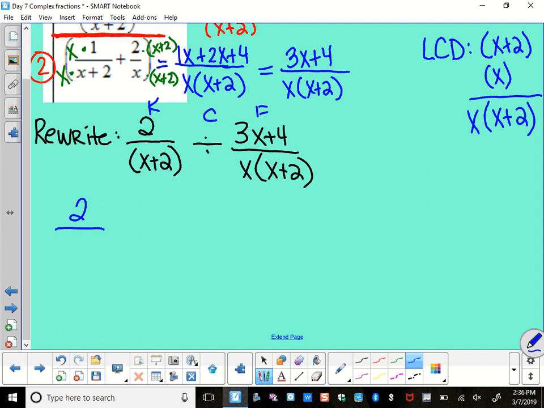So I keep my first fraction the same, 2 over x plus 2. I change my sign to multiplication. And then I flip my second fraction, so that is x times x plus 2, and on the bottom we have 3x plus 4.